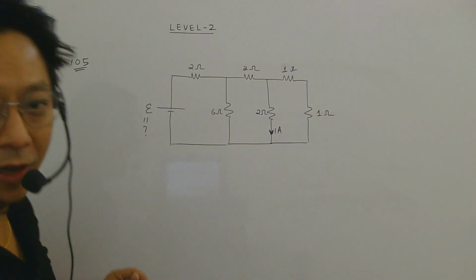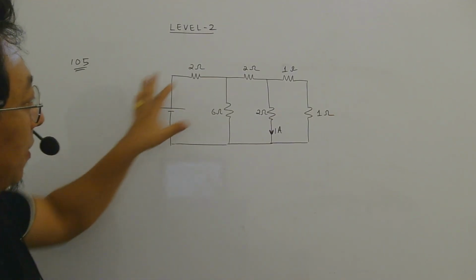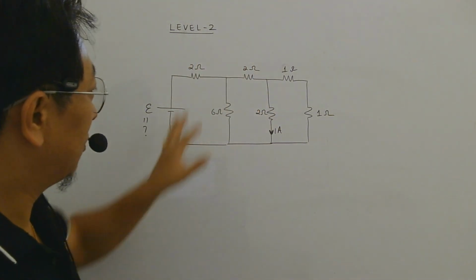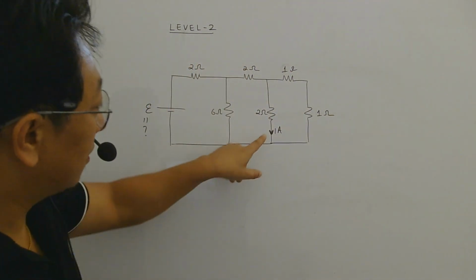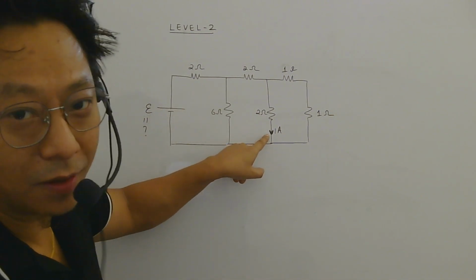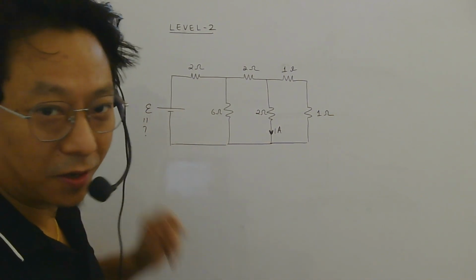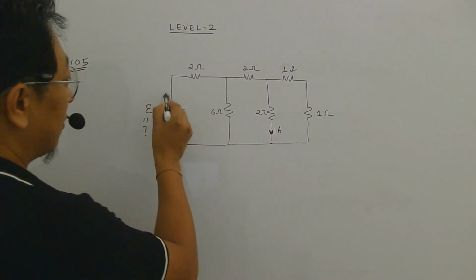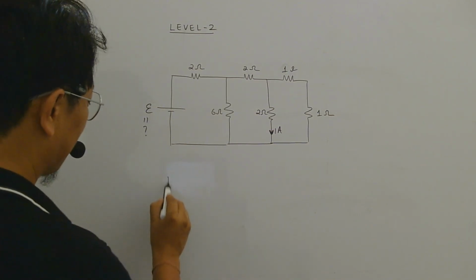Okay. Now in question number 105, they have given this circuit with resistances, and here they have given the current is 1 ampere. Not here, remember, here. We have to find the EMF. Okay. Now if the current here was given, it would be very simple, right?